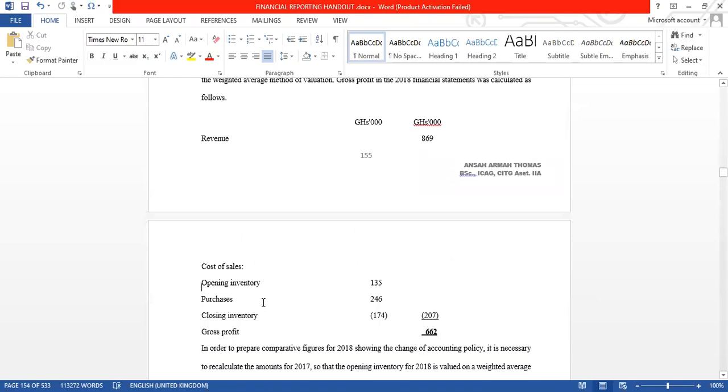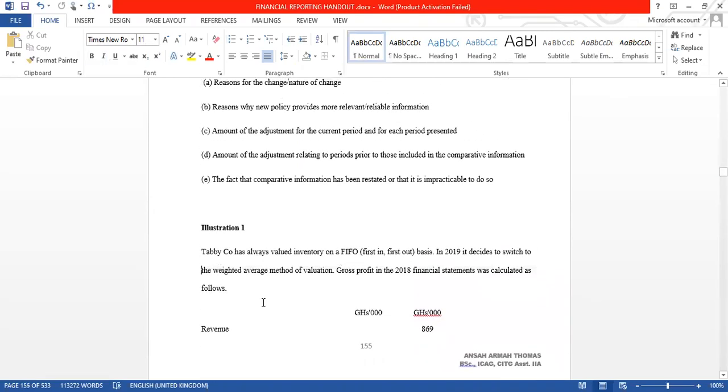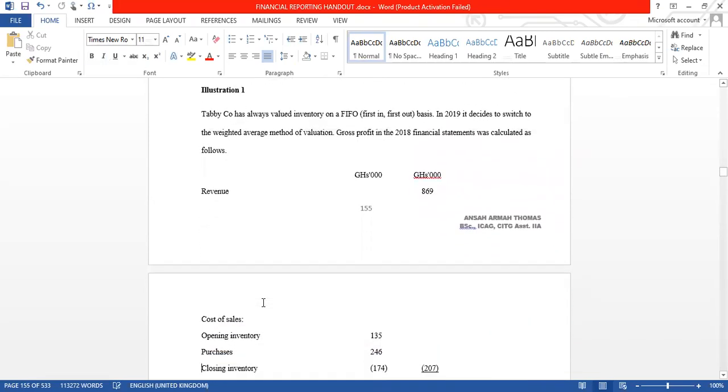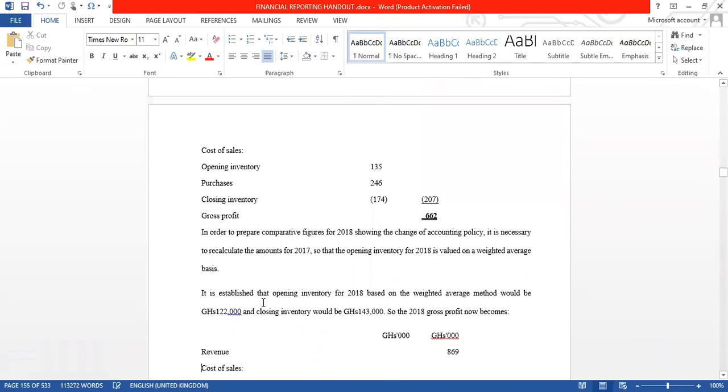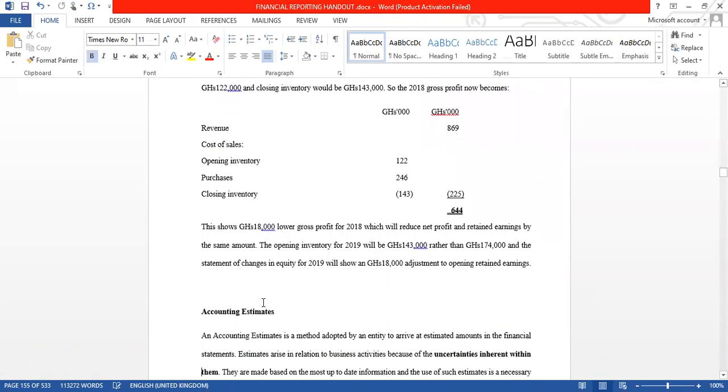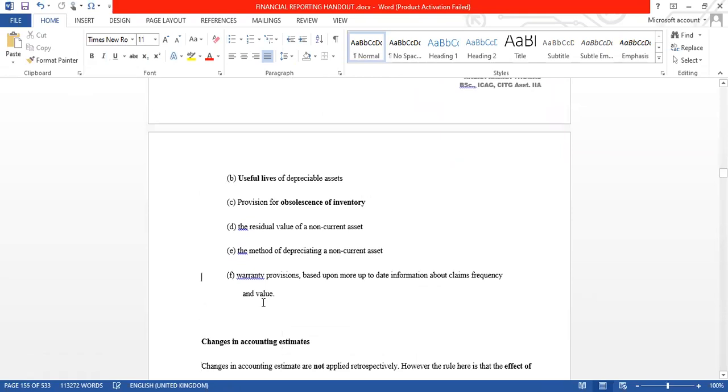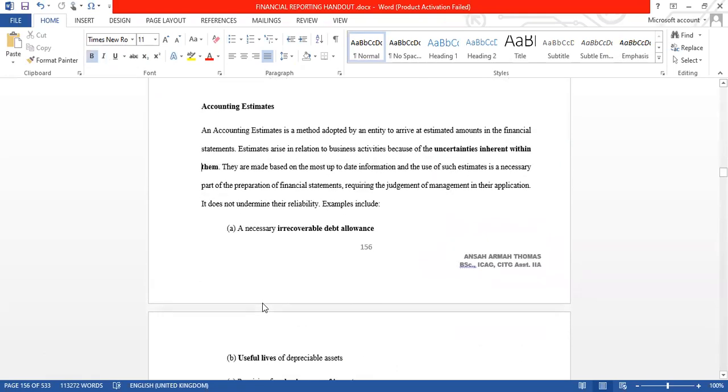There is an illustration there in the manual. You can go ahead and take a look. The solution is there with explanations, so you can have time to go through it.